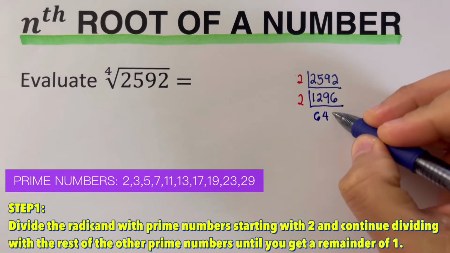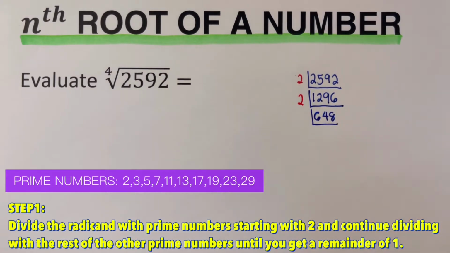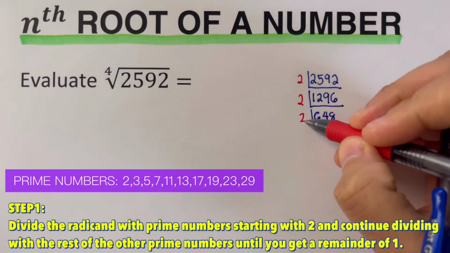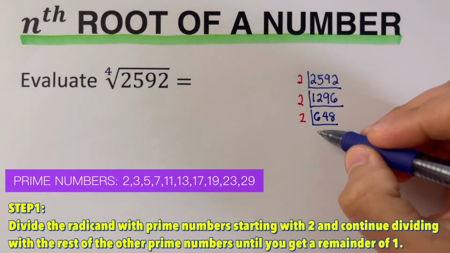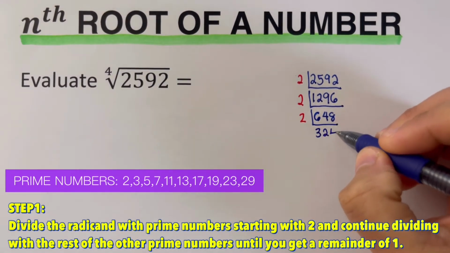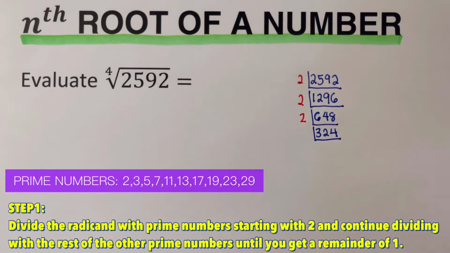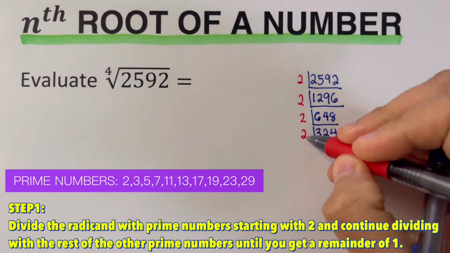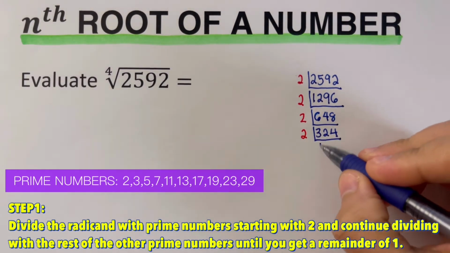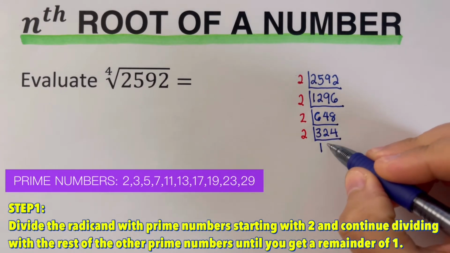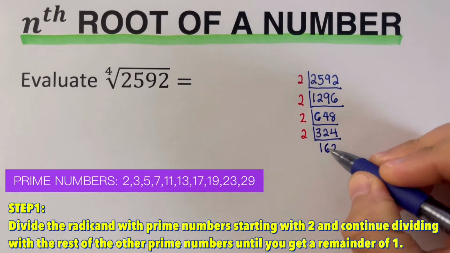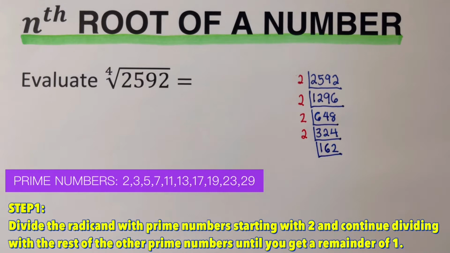So I write it down here, 648, and this is still divisible by 2, so I'm going to divide that by 2, so this will come out 324. I will continue to divide that by 2, so this will come out 162. So 324 divided by 2 is 162. We divide that by 2, 162 divided by 2 is 81.